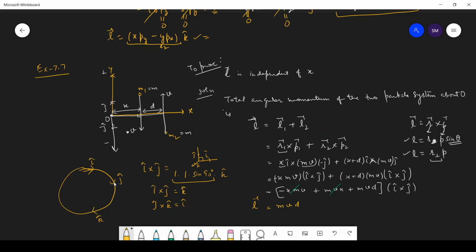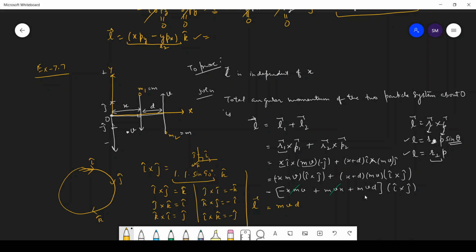So i cross j, j cross k, and k cross i is equal to j cap. But if you change the sequence, like j to i, then it will be along minus k, and k cross j is equal to minus i, and i cross k is equal to minus j.